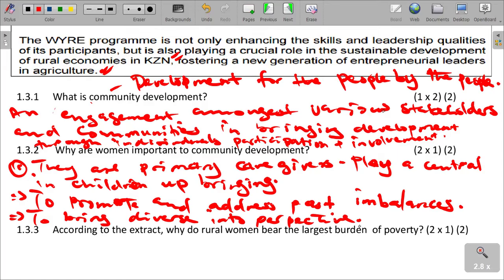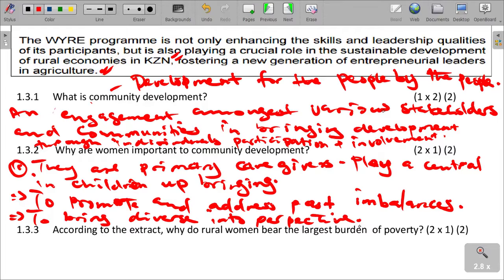Also, it is very important because women make up most of the informal sector, so that they are given opportunities and a chance to enter into the formal sector, and also into the primary sector, and to promote equality between genders for meaningful development.